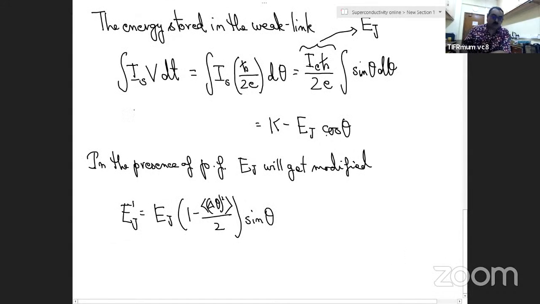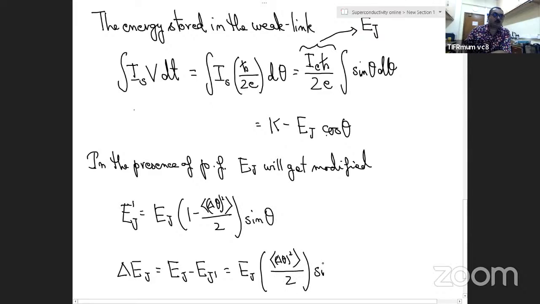So now therefore the change in energy, δEj, because of the phase fluctuation is Ej minus Ej prime. Oops, sorry, this should be cos θ. It's a cos θ here.